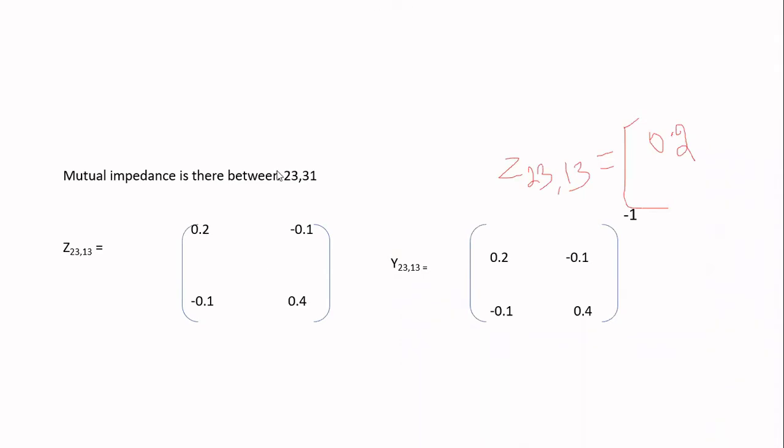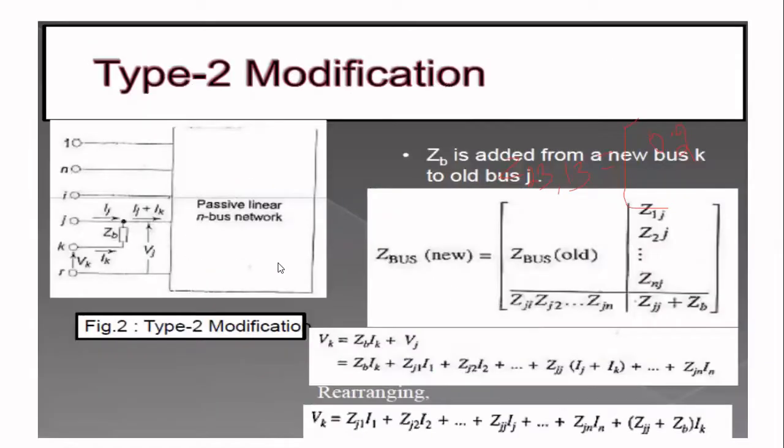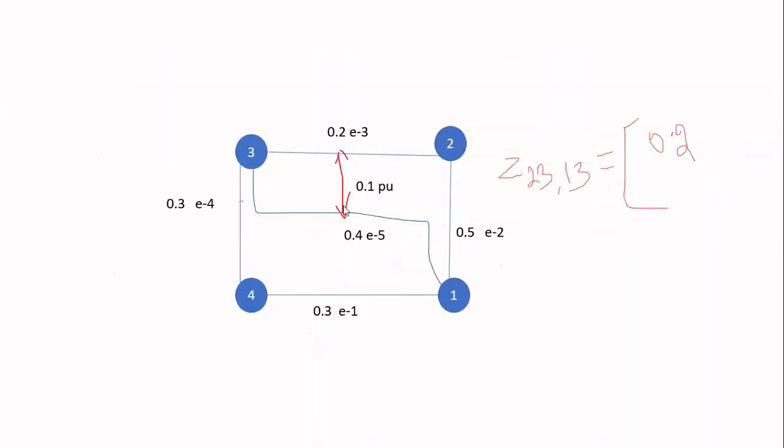Next, we observe the diagram. What is the mutual impedance in between Z23 and Z13?